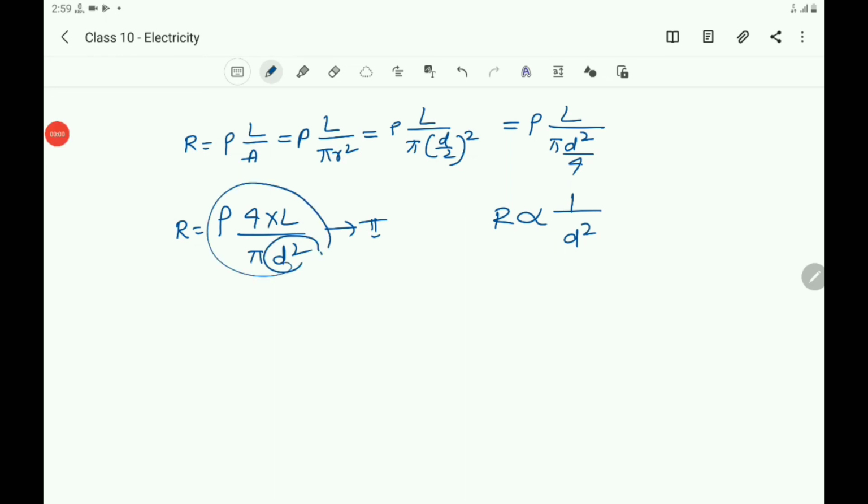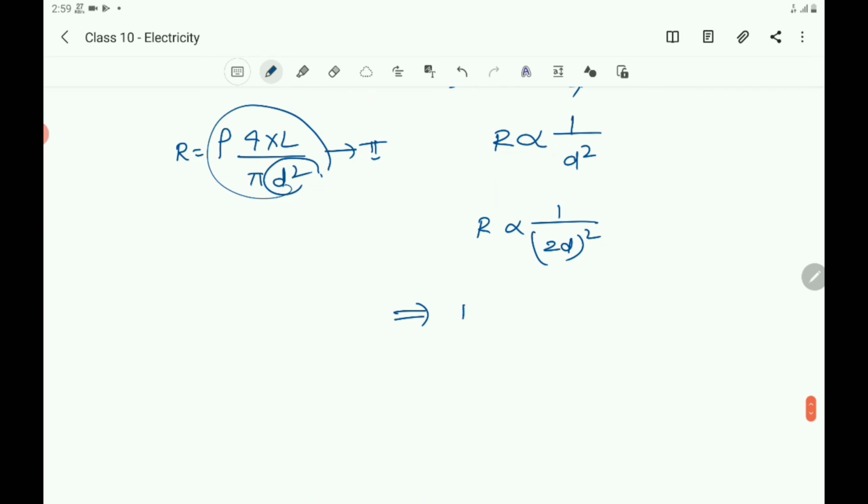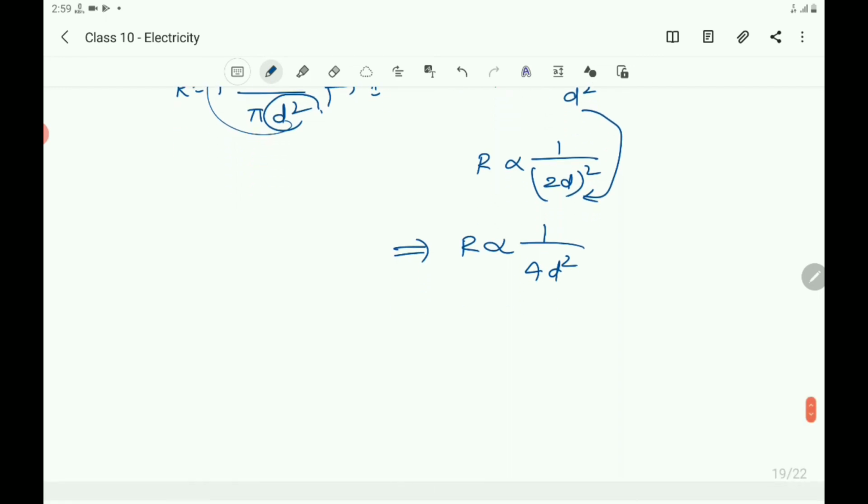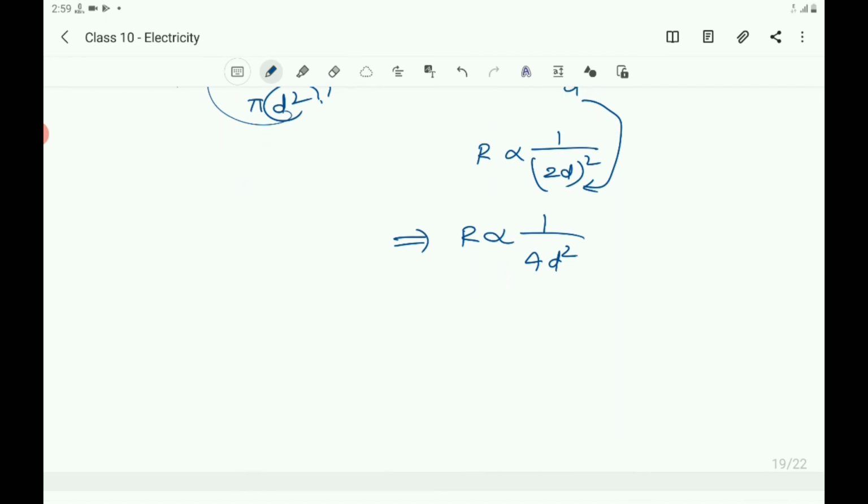If d is doubled, then R is proportional to 1 by (2d) whole squared, that is R is proportional to 1 by 4d². If d is doubled, you will get 1 by 4d². So you can have that when the diameter of wire is doubled, the resistance becomes 1/4 of the original value.